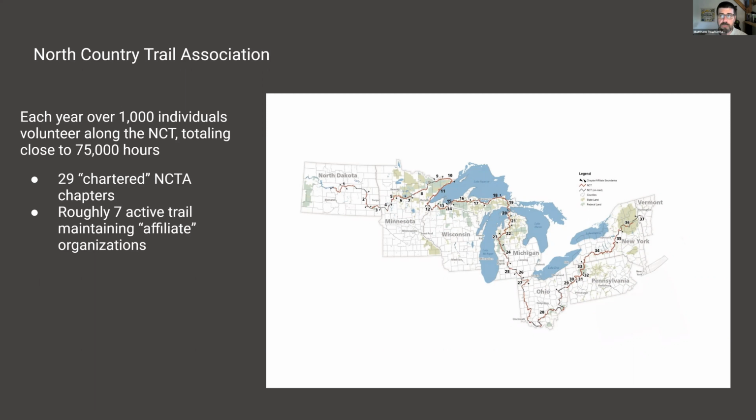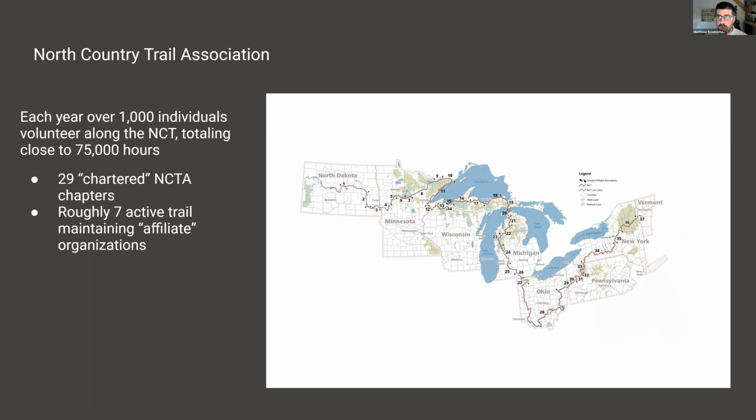So this would be like the Jordan 45 chapter, the West Michigan chapter, the Itasca Moraine chapter in Minnesota, the Heritage chapter, and the Schwamigan chapter in Wisconsin. Those are different than an Appalachian Trail Club, which is its own 501c3 nonprofit. These are entities within the North Country Trail Association.